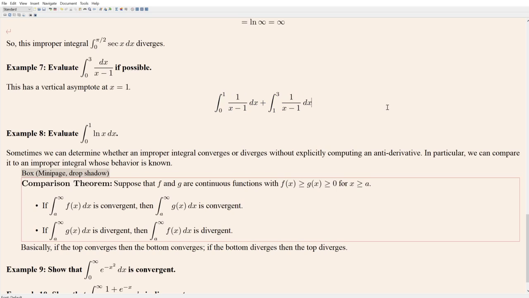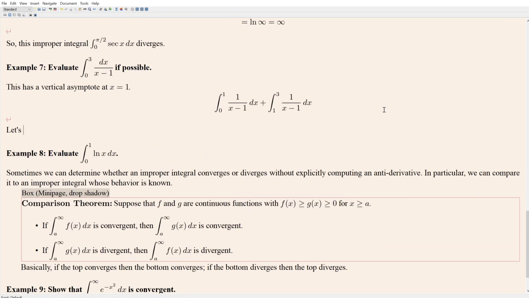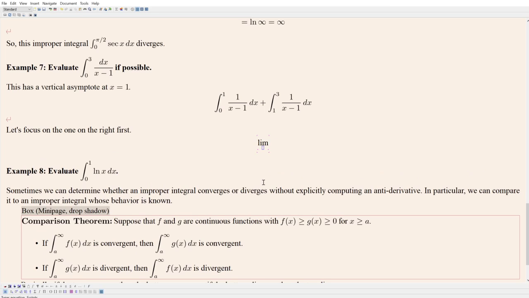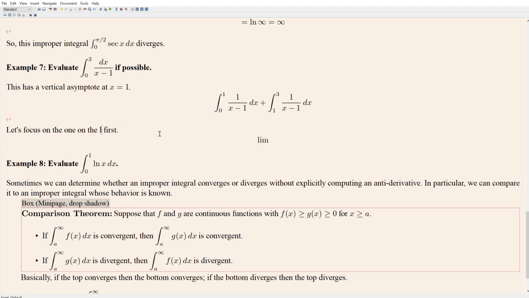So let's focus on the one on the right for now. Yeah, sure, why not? So the problem, you know what, let's do the one on the left.